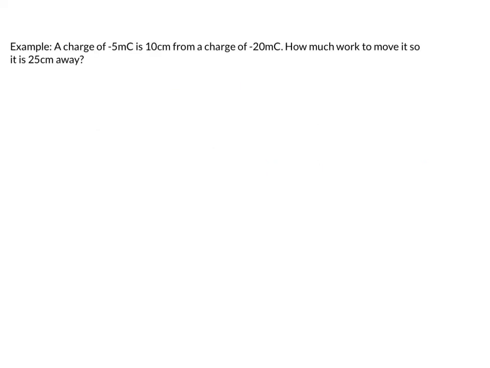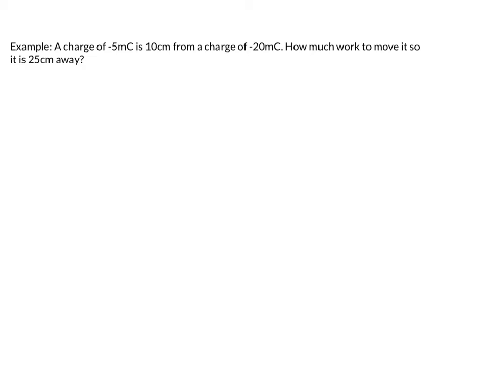Let's try one. This kind of matches that first picture I showed way back on the first page. If we have a negative charge and we move it farther away from another negative charge, negative charges would already have wanted to get farther away, so this should be a case where we get negative work. It would have drifted away naturally, so we don't have to do any work to get it to go farther.